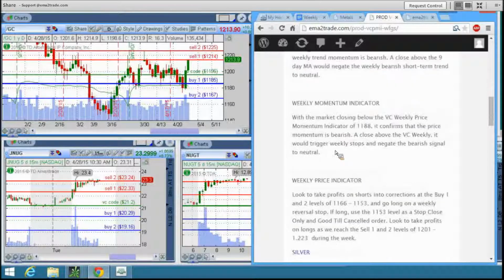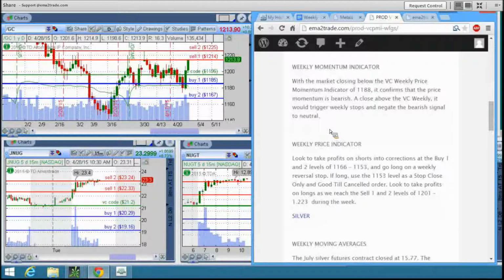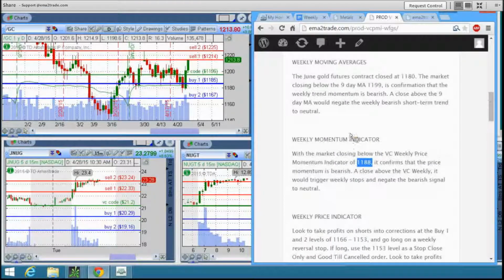The second component of the algorithm, which is the pivot point or the metrics for the week, tells us that with the market closing below the VC weekly price momentum indicator of 1188, it confirms that the price momentum is bearish.